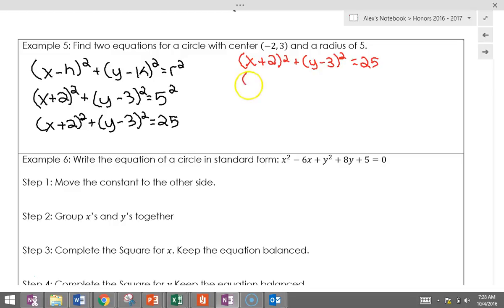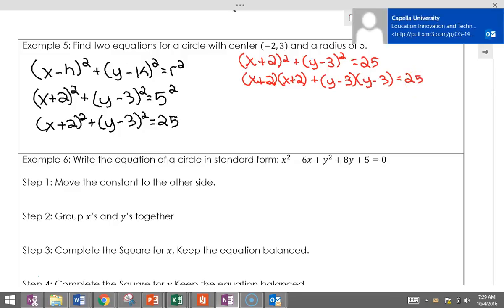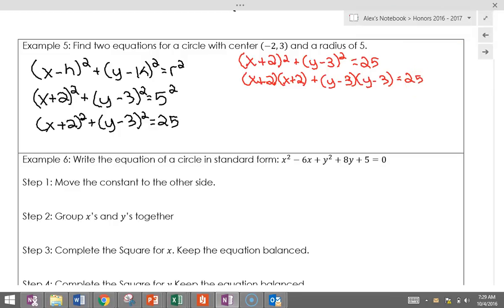So this is really (x plus 2) times (x plus 2) plus (y minus 3) times (y minus 3) equals 25. I'm just going to FOIL for both of these sets of multiplication.